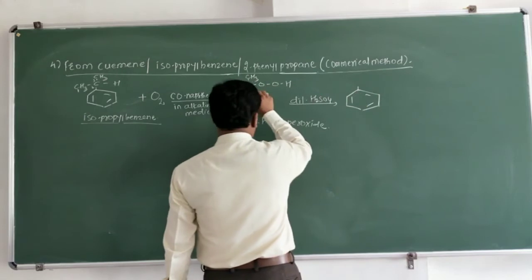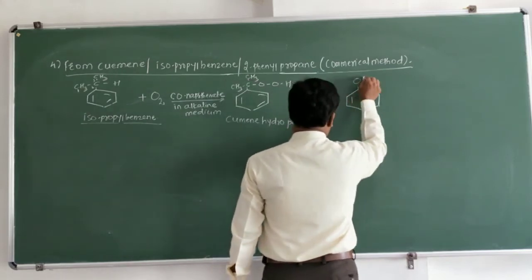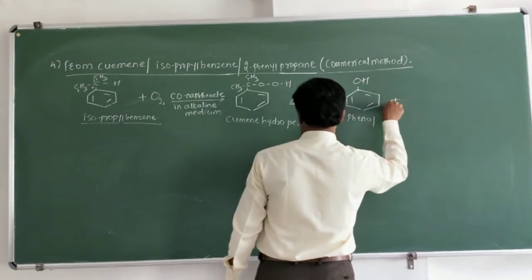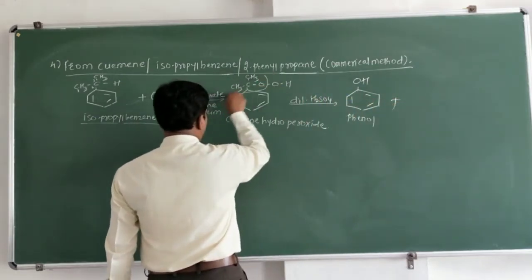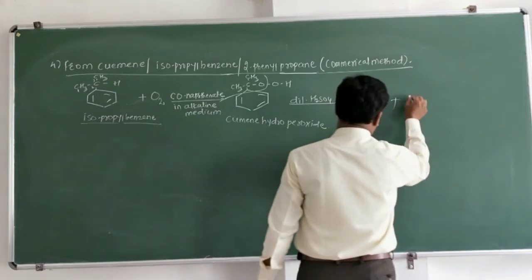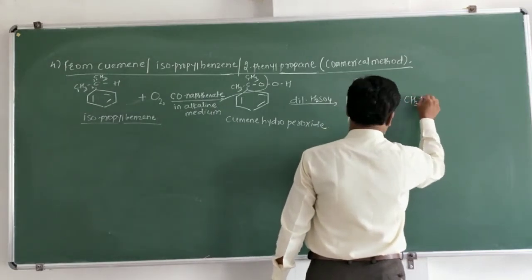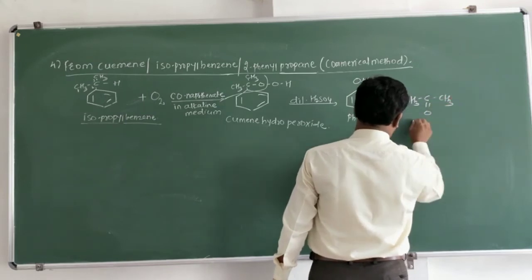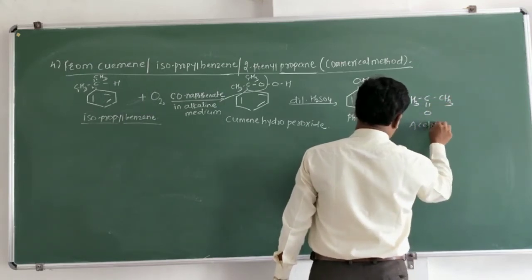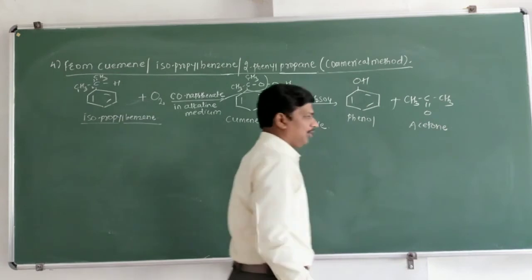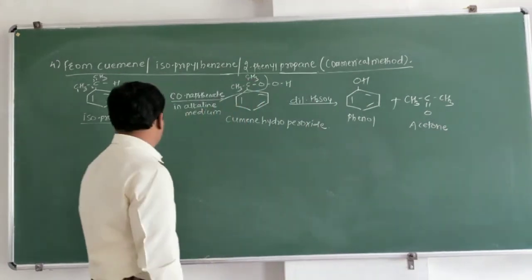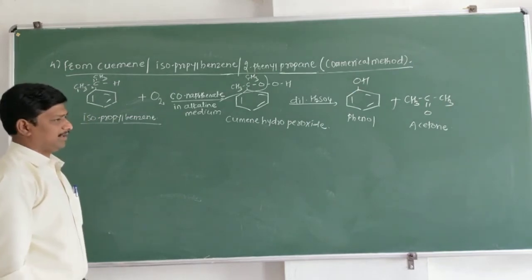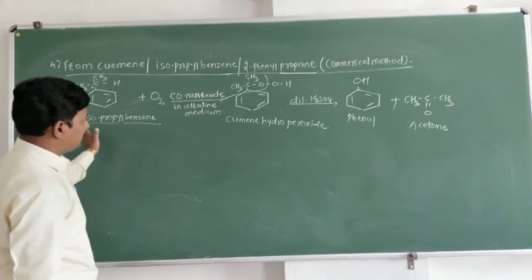So the benzene and this OH form the phenol, and the remaining product is this one, CH3 C double bond O CH3, and it is known as acetone. So in this way we have prepared phenol from the cumene or the isopropyl benzene. Now I will just explain this reaction.